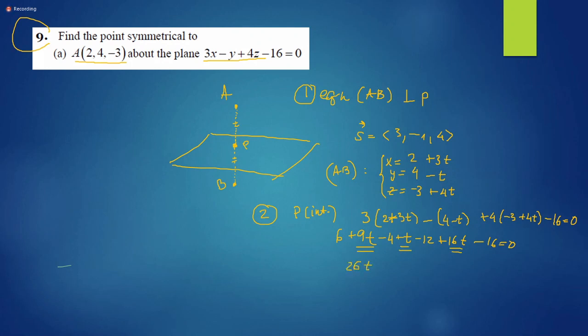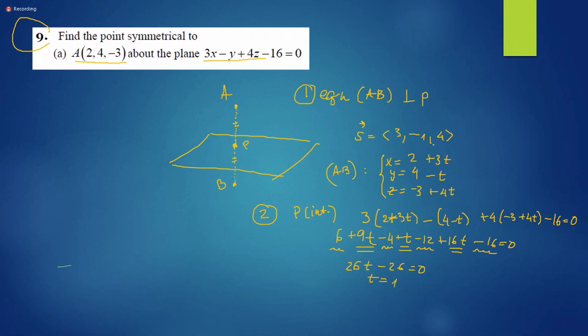Now minus 16 is minus 32, minus 32 plus 6 is minus 26. So t is 1 for the point P.